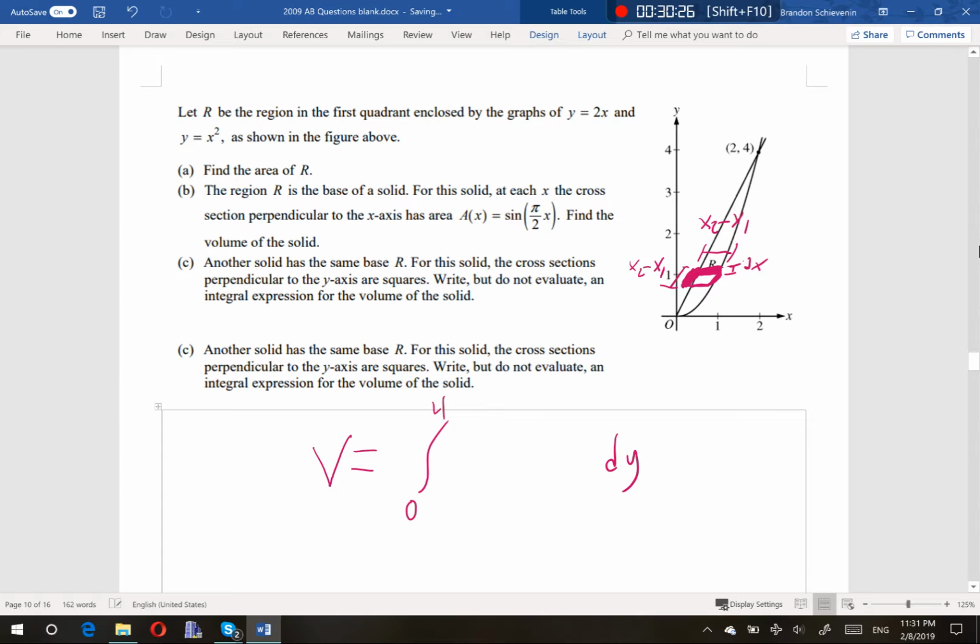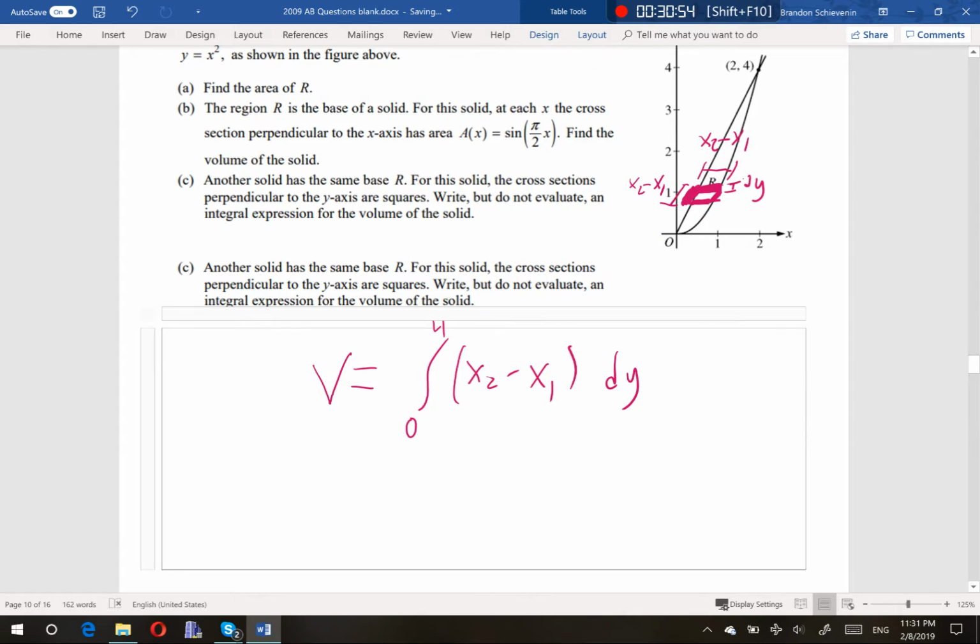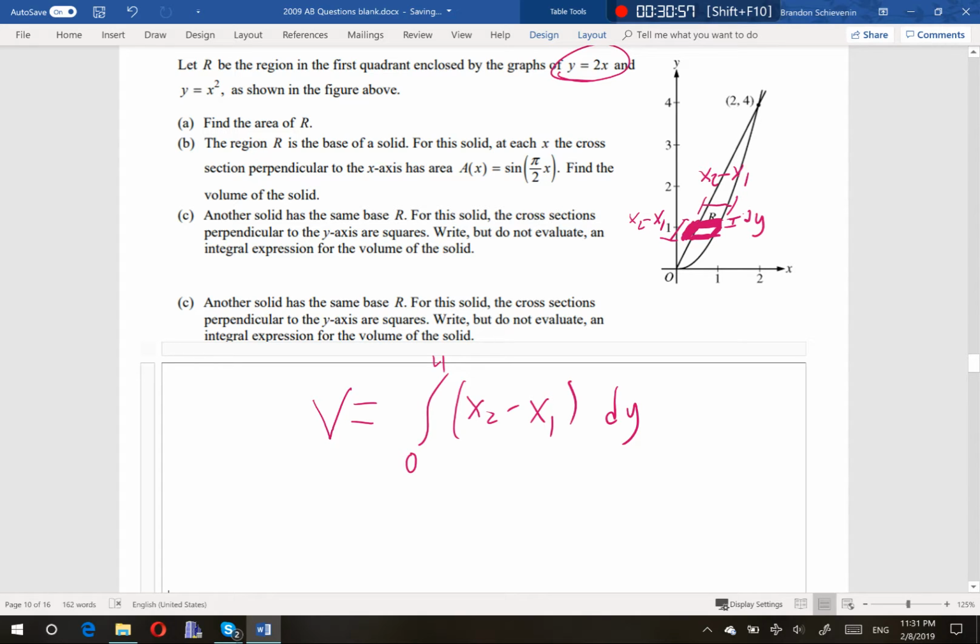So this is how much my y value changed. I'm integrating in terms of y because I'm going to have to solve these variables for x. I actually wrote dx here, so this should be dy. We've got a change in y should be how much our base changed here. Okay, so if I'm integrating in terms of y of x2 minus x1, I need to know what x2 and x1 are. So I'm going to take both of these y values and solve for x. Okay, starting with this one.